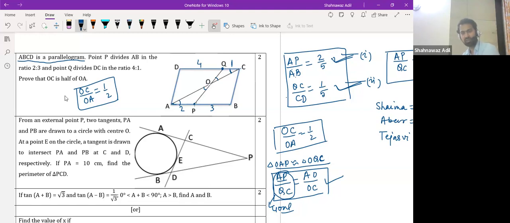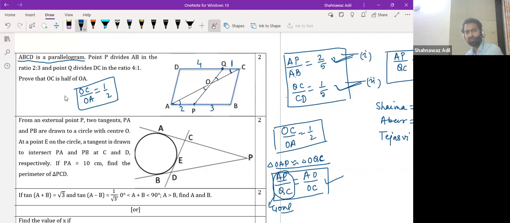That is your answer. Did you guys see? AP and QC are parallel. AB and CD are already parallel. That's why we have proven that they are similar triangles, right?